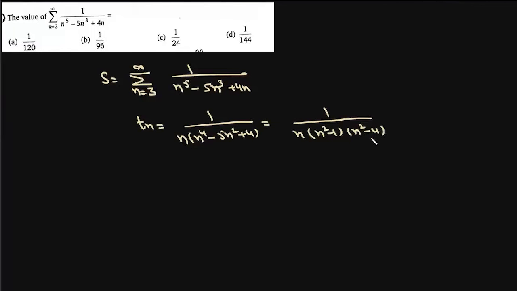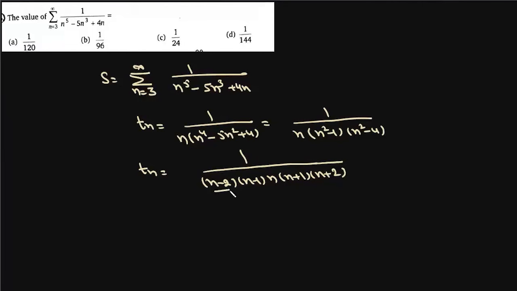Now this is a plus b into a minus b, so we can write its general term as 1 upon n minus 2, n minus 1, n plus 1, n plus 2. Now the difference between these two terms is 4. So what we'll do is we'll multiply with 4 and divide it with 4.